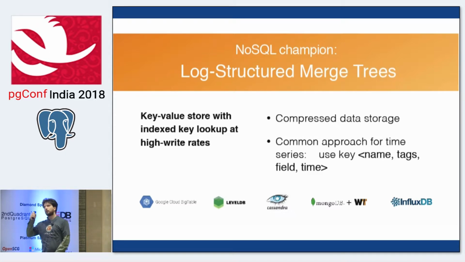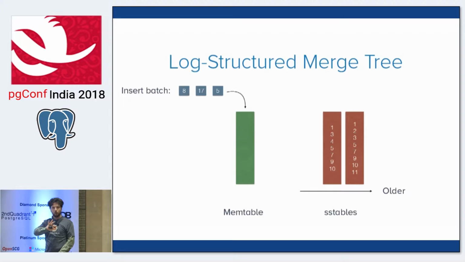The trick it played was that all of your writes were written to a table that was then periodically swapped out to disk, so you didn't have the swapping behavior. Let me show you more particularly what I mean by that.